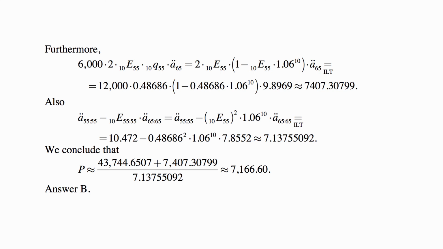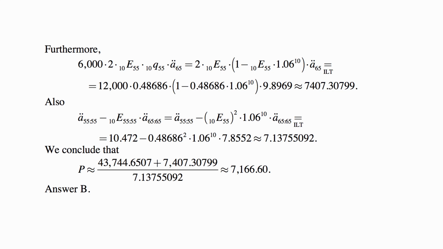And then we do the same trick that we write this pure endowment as a square of pure endowment for a single life times 1.06 to the 10th, and all of the numbers are now in the table. We'll look them up, plug them in, and get the answer.